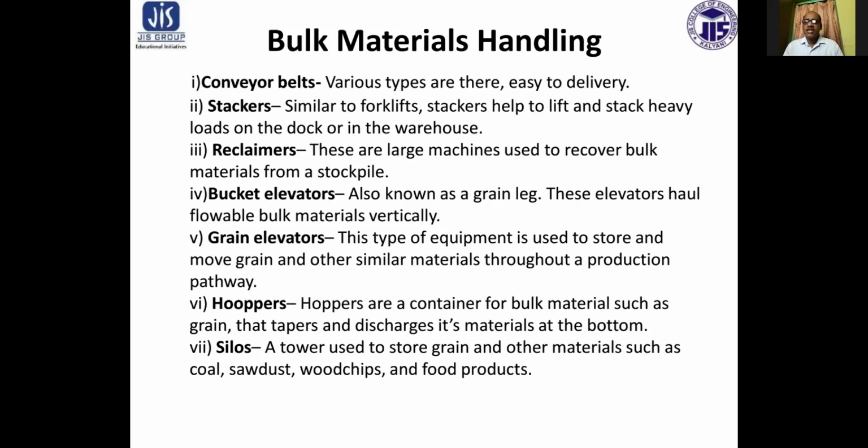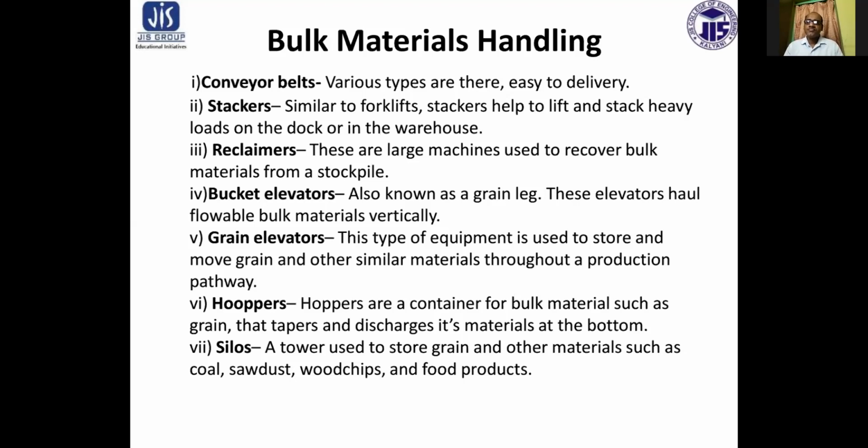Reclaimers, these are large machines used to recover bulk materials from a stockpile. Bucket elevator, also known as grain legs, these elevators haul flowable bulk material vertically. Grain elevator, this type of equipment is used to store and move grains and other similar material throughout a production pathway.